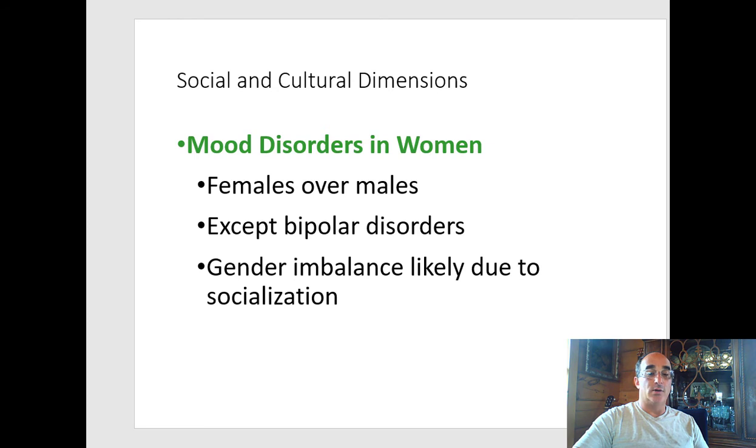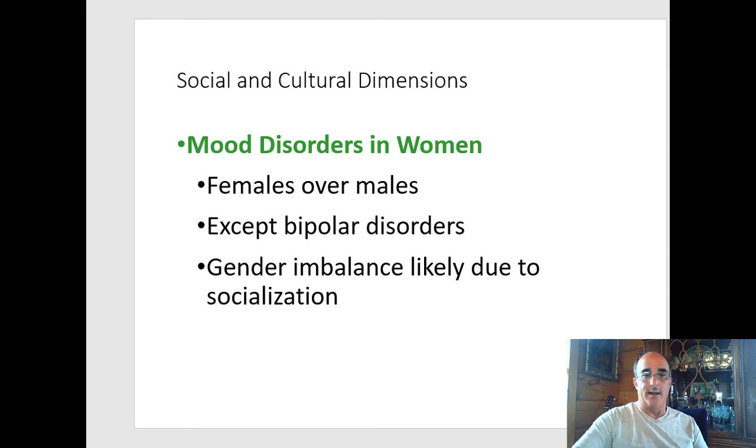And the general gender imbalance is likely to do with socialization, meaning that perhaps one hypothesis could be that females tend to talk more and seek support when they're feeling depressed, while males would more internalize and tend not to talk about feelings.